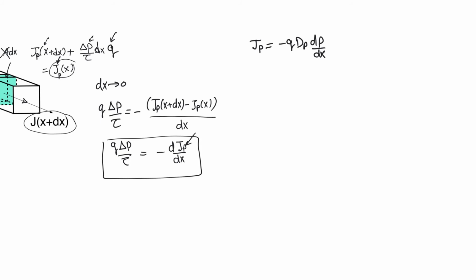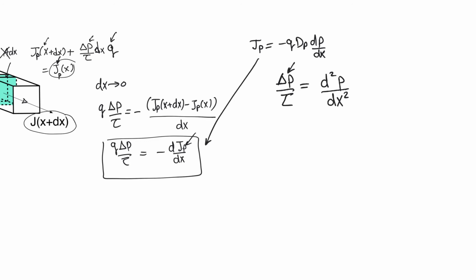Now if we take the expression of Jp and substitute in the current continuity equation, we obtain a second order differential equation, which is very useful and which is the equation we have to work with. So in fact, this equation will relate the hole profile to the excess hole concentration.